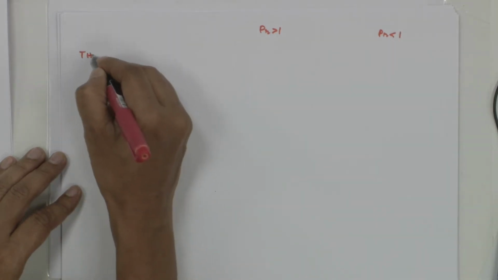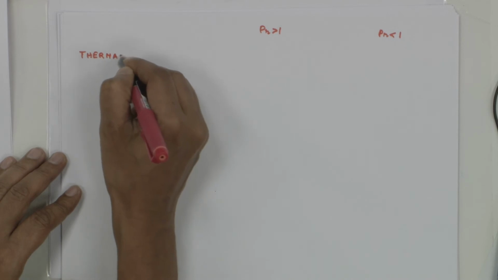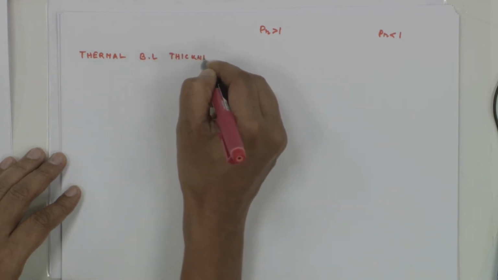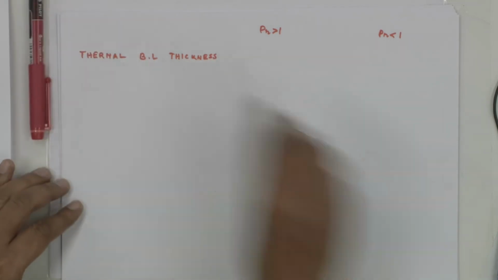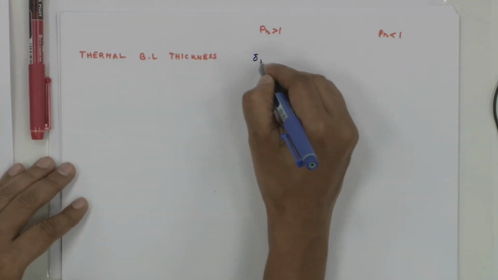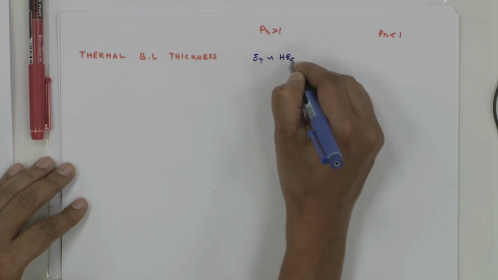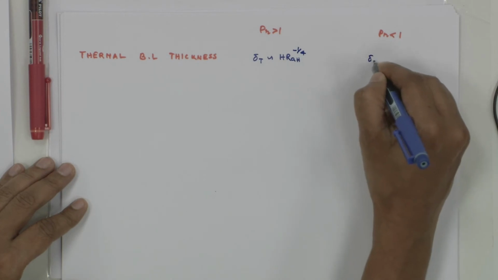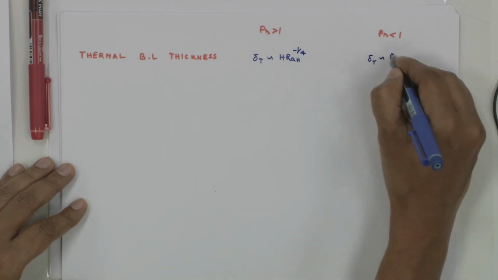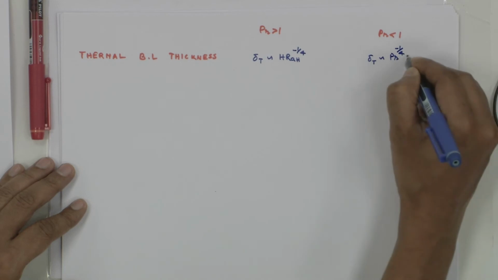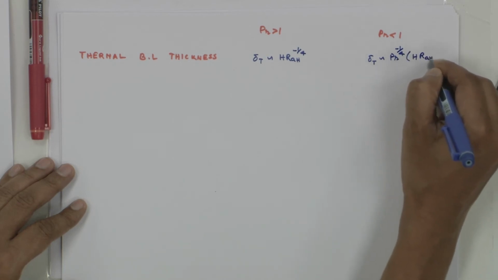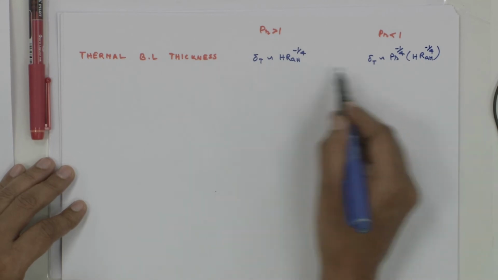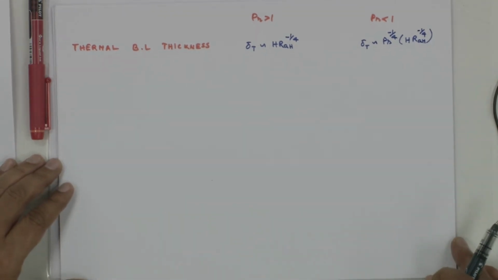Thermal boundary layer thickness, that is delta T. So we have found delta T as H Ra to the power of minus 1 by 4. Now here delta T is of the order of Prandtl to the power of minus 1 by 4 into H Ra to the power of minus 1 by 4. Please notice this difference. To notice this difference only I am rewriting it again.